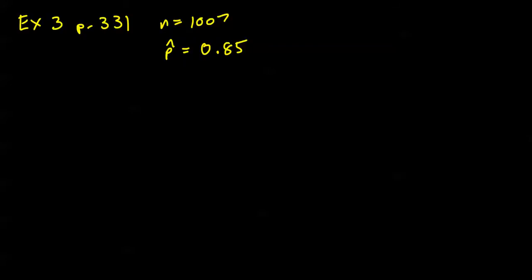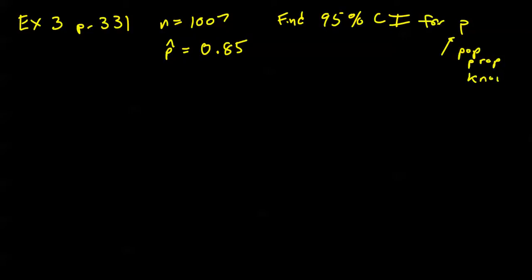I want to focus on Part B of Example 3. Part B asks, find the 95% confidence interval estimate of the population proportion P. Let me write that down. Find the 95% confidence interval for P. And now, little p is the population proportion of people who know what Twitter is.